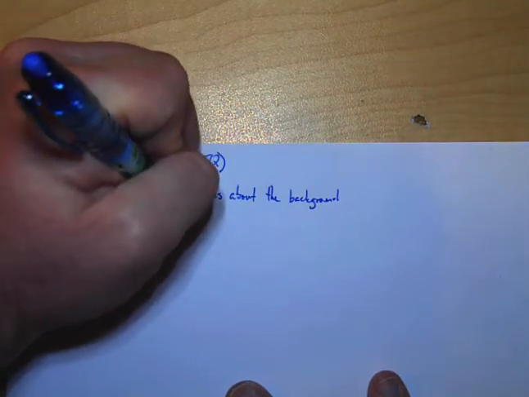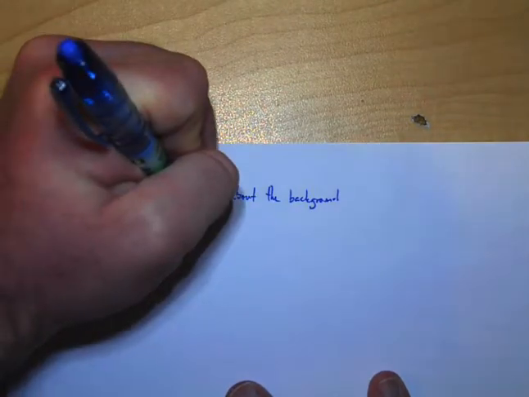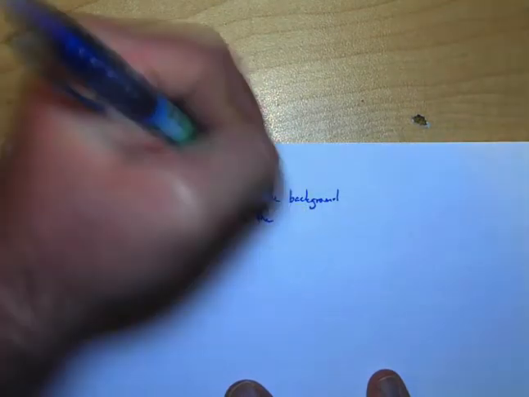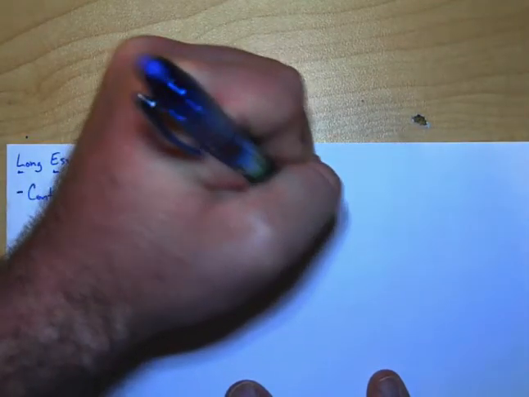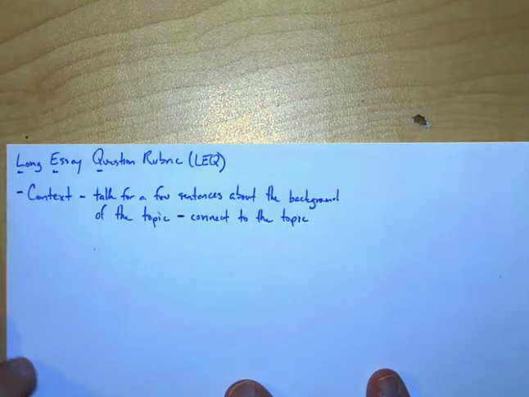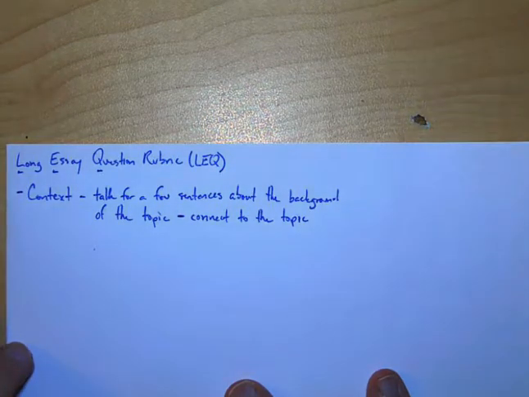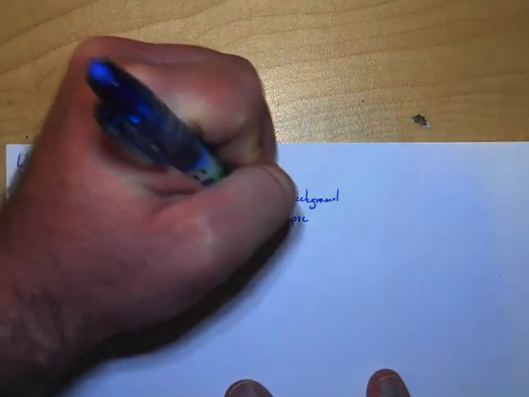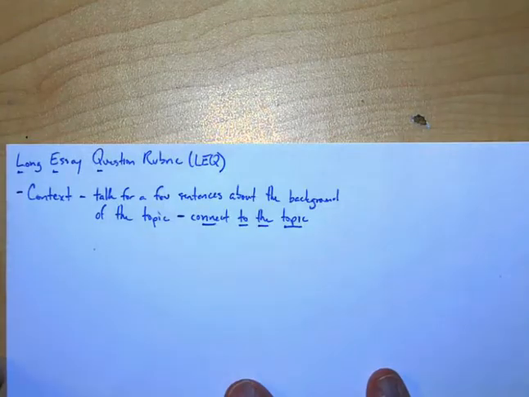You've got to make sure that it is connected to the topic. Don't just broadly talk about the time period or broadly talk about that part of the world. You've got to make sure that you connect it to the topic.